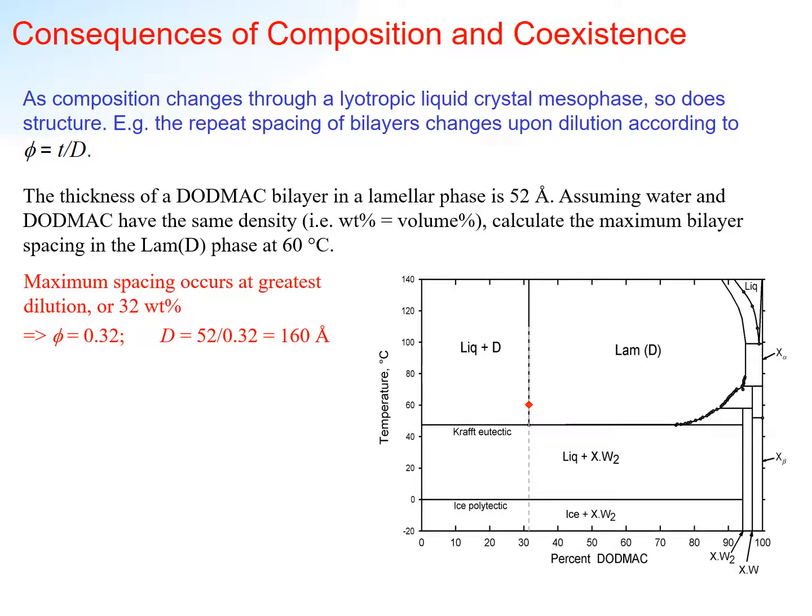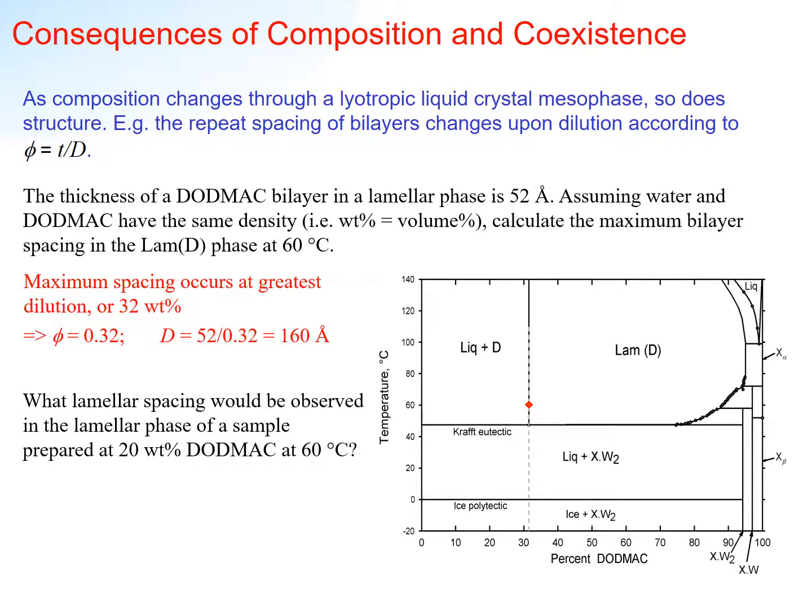The next question is, what lamellar spacing would be observed in the lamellar phase of a sample that was prepared instead at 20 weight percent of surfactant in water at 60 degrees C? What happens when we go from 32% to 20 weight percent?